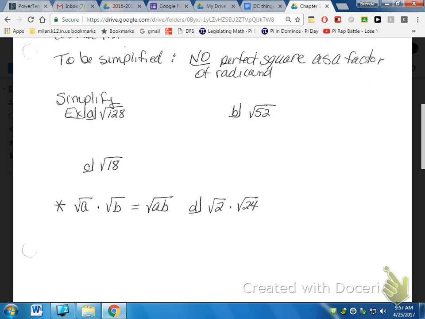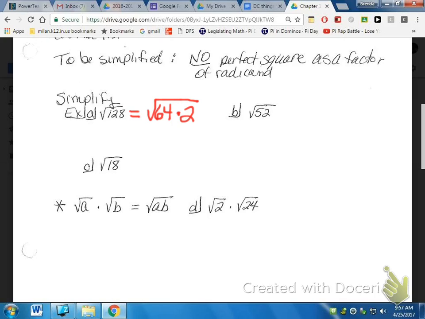Radical 128. In the radical of 128, I recognize that there is a perfect square of 64 that is a factor. So I'm going to separate that to 64 times 2.